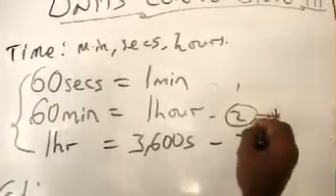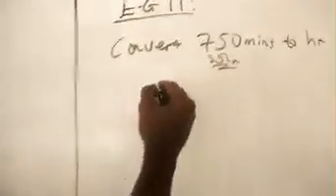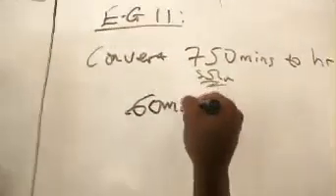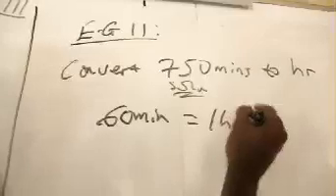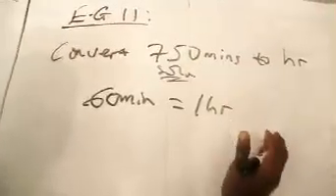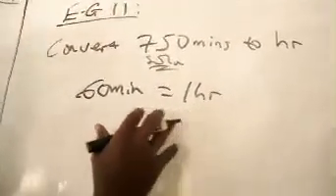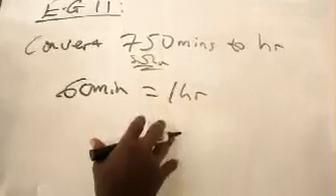Which says that 60 minutes is equal to 1 hour. Since we are converting from minutes to hours, this time it's not from hours to minutes, we have to know the value of 1 minute in hours. It's something that we explained explicitly in our preceding videos on unit conversion.